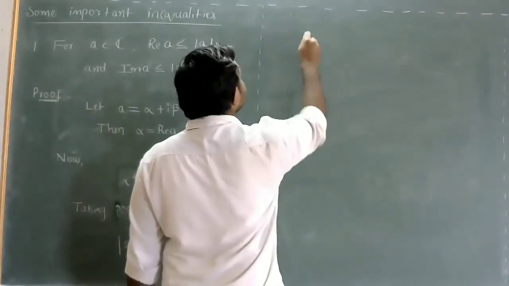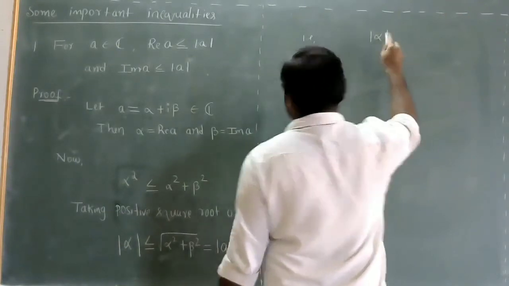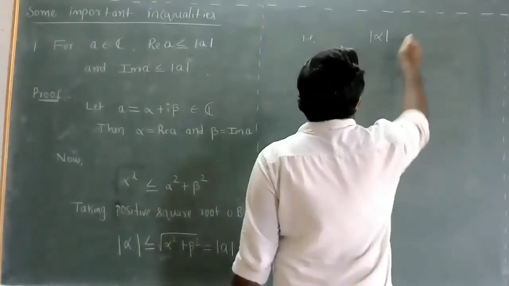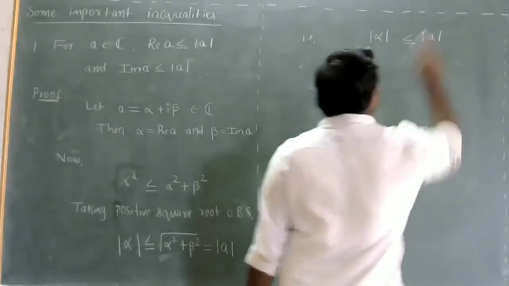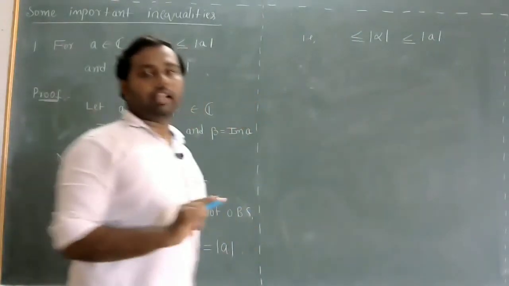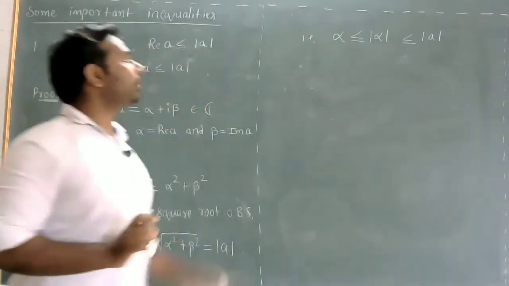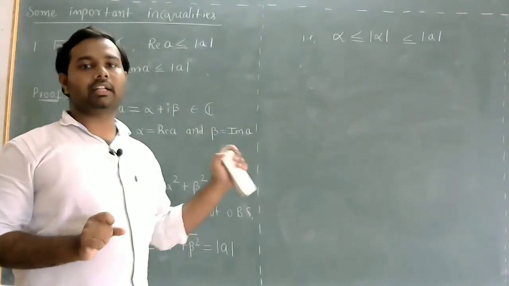So that is nothing but modulus of alpha is less than or equal to modulus of A. And you know that for any real number, its absolute value is always greater than or equal to its real value.